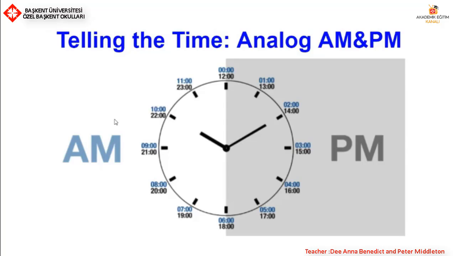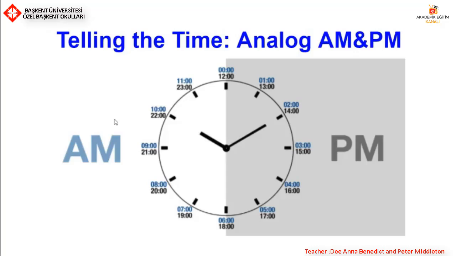And on the clock, we can show this. So we can read it to see AM and PM. The analog clock only shows 12 hours, but we know what time it is using AM and PM, and we can write it for the clock in AM and PM times.